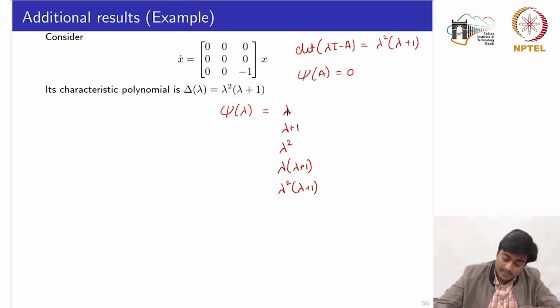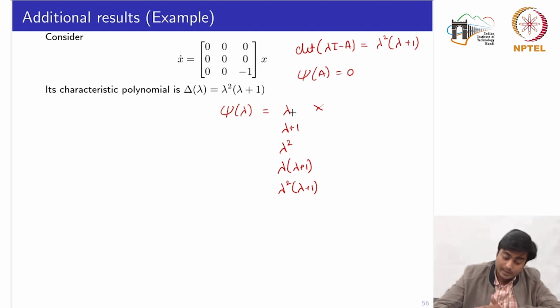So if we replace lambda by A, we know that A matrix is not a 0 matrix. So this cannot be a minimal polynomial. Similarly, lambda plus 1, if I put A and plus 1, in fact it cannot be considered as the minimal polynomial, because we are considering only the minimal polynomial where we have lambda equal to 0.